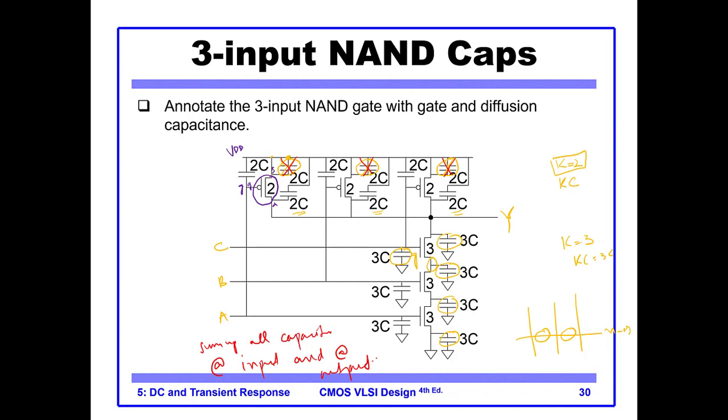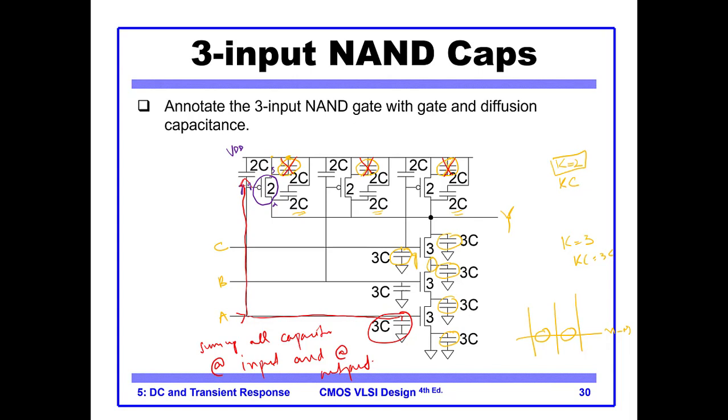So looking at the input, for example input A, I see a 3C capacitance here, and I see a 2C capacitance here. Okay, so these two are essentially in parallel, so I can add up these two capacitances, and when I look into the input A, the total capacitance that I see is 2C plus 3C, which is 5C.